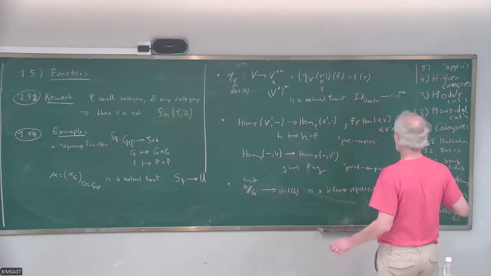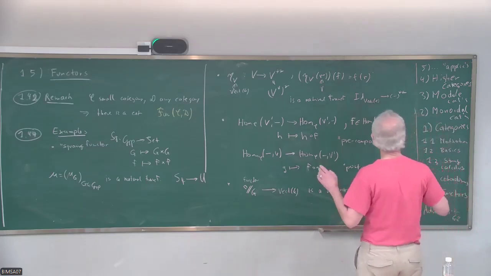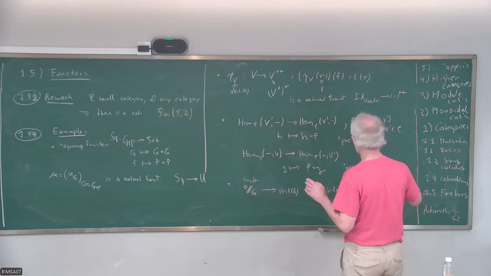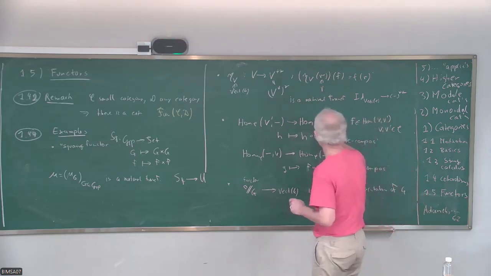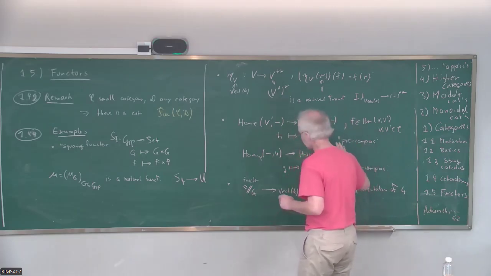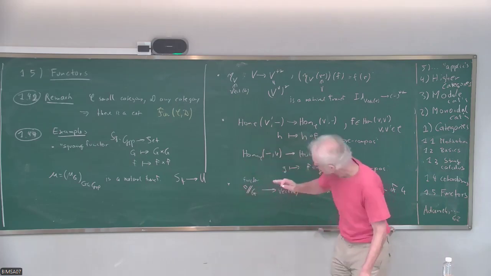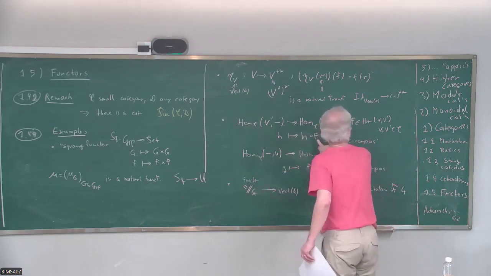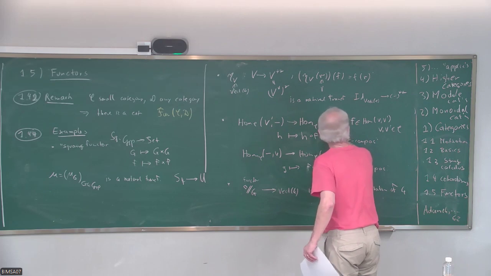Yes, you should remove the final. The second example. Yeah, the V prime, I guess. The second V prime. No, wait, I should get it correct. f goes from V to V prime.